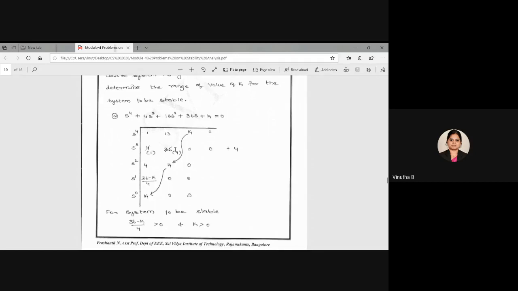So write down the routh array table as it is. So s to the power 4, s cube, s square, s to the power 1, s to the power 0. So 1, 13, k1, 0, 4, 36, 0, 0. Then here there is a common term, so I've just divided it by 4. Now find out the values of the next rows. Here you will get (4 into 13 minus 1 into 9) divided by 1 as 4. 1 into k1 minus 1 into 0, which is 0, divided by 1.